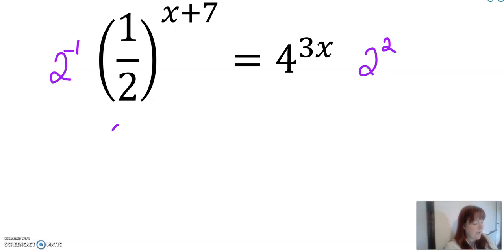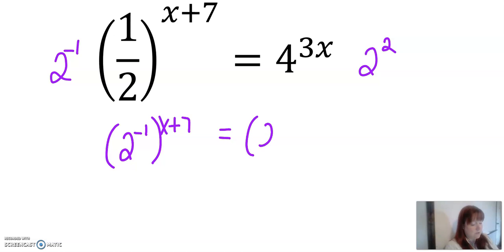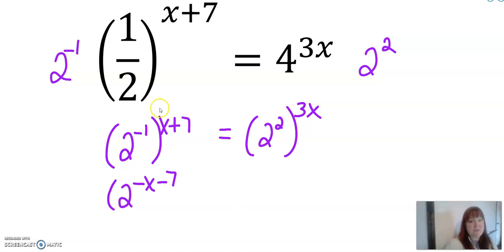So instead of 1/2, I'm going to write this as 2 to the -1 to the x plus 7. And this one I'm going to write as 2 squared to the 3x. Okay, now I can go ahead and combine their exponents. So this is 2 to the -x minus 7, because I multiply these two together, and when I multiply x plus 7 times -1, I get -x minus 7.